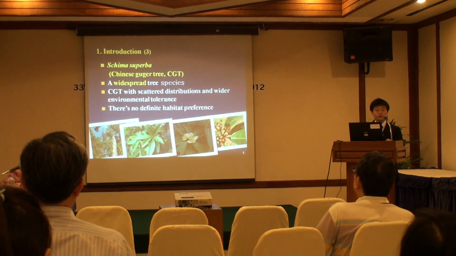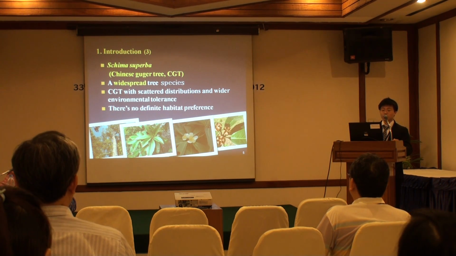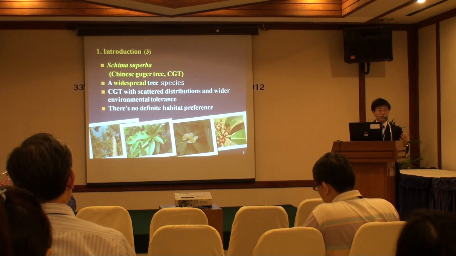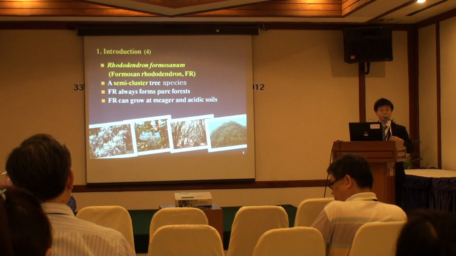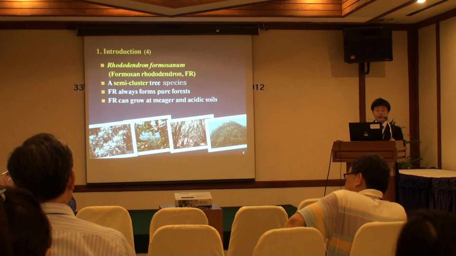The target species we chose from central Taiwan are a widespread species, Chinese Bogan tree, which we call the CGT, with a scattered distribution and wide environmental tolerance. The other one is a clump species, Formosana rhododendron, which we call the FR.